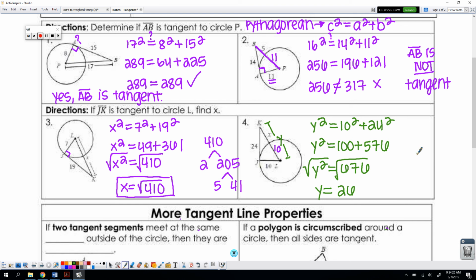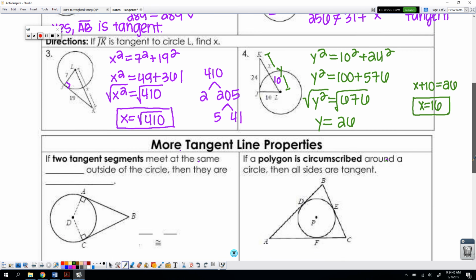So we have actually x plus 10 equals 26. So we subtract 10 and we get x equals 16. This is probably a way to do this problem that is at least 10 times easier than the way that you would have to do it if you did x plus 10. So we'll practice doing those things.